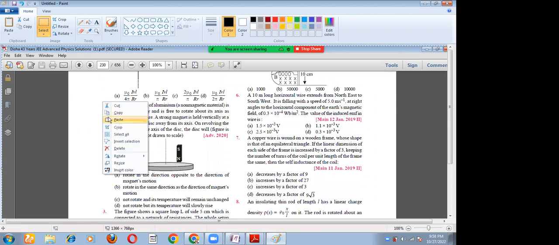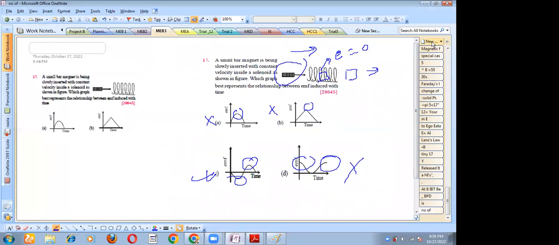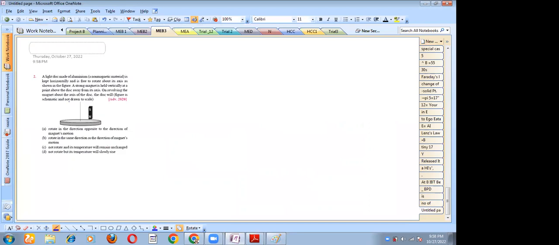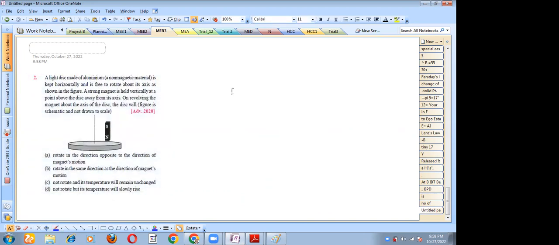If you go through this question, the advanced 2020. So both of you try this question.